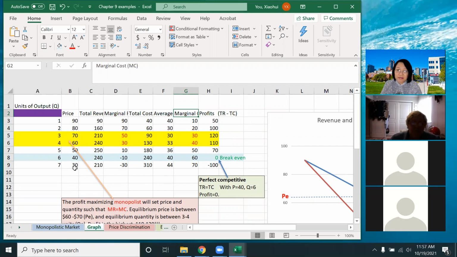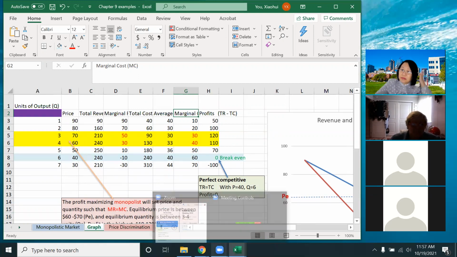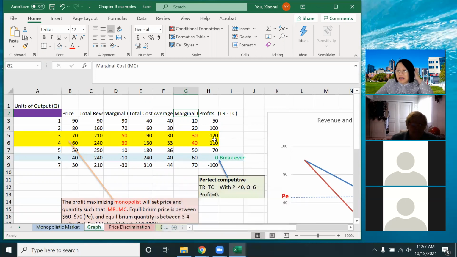But how much? Can you find it from the table? 120? Yeah, 110 to 120. Okay, 110 to 120. And what's the profit for the perfect competitive market? What's their profit? 0. Great, good job.